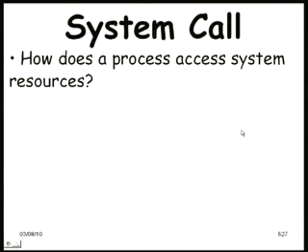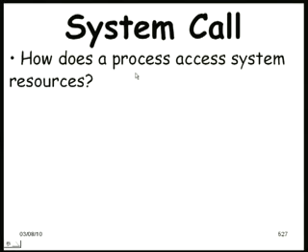Now, how does a system access its resources? Through a system call. This we are discussing. A user process can access system resources through system calls. A user process cannot directly manipulate the resources.